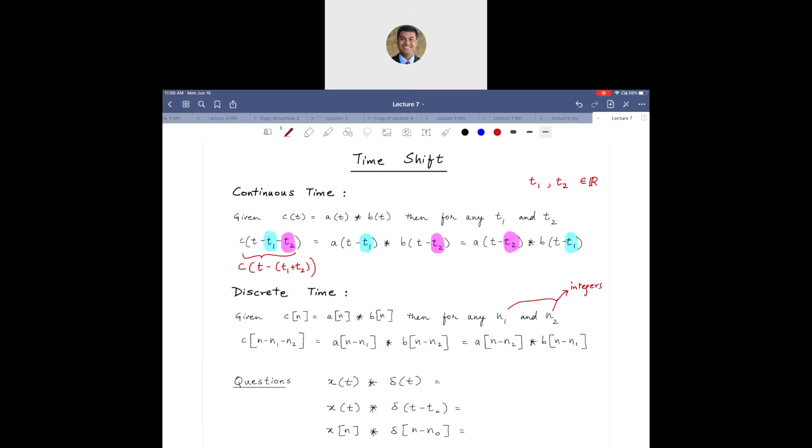Next, if you shift A by n1 and B by n2, it is the same as shifting A by n2 and B by n1 in terms of the convolution output. C of n gets shifted by the sum of those two time shifts, n1 and n2. Again, this can also be written as C of n minus (n1 plus n2).